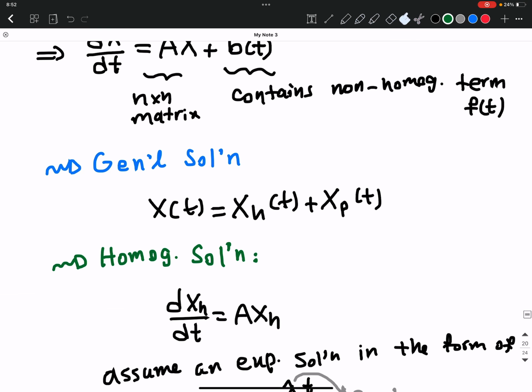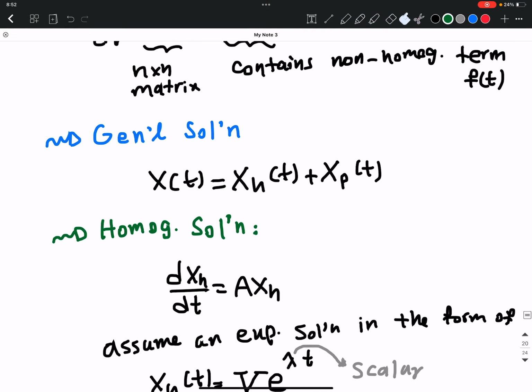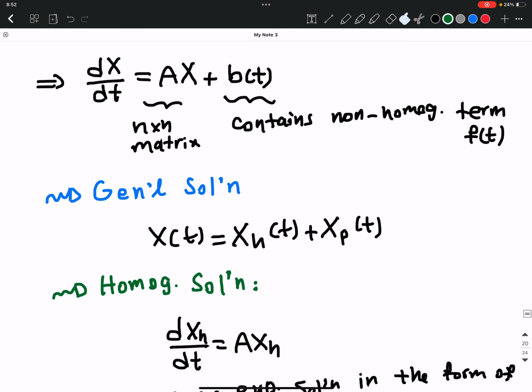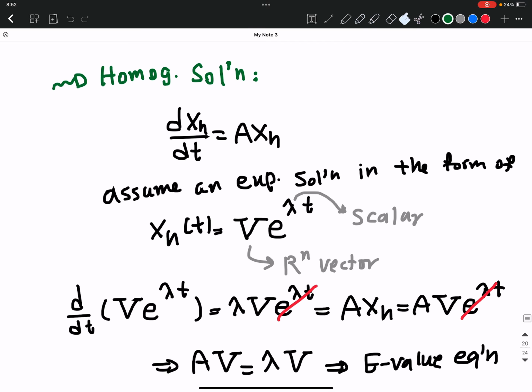In this lecture, we started to give a general solution, and similar to first order ODEs, this has a homogeneous solution and a particular solution. For the homogeneous solution, we just have dx over dt equals Ax and Bt is 0.